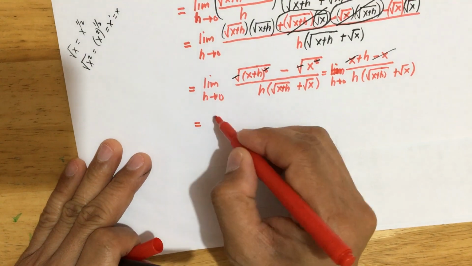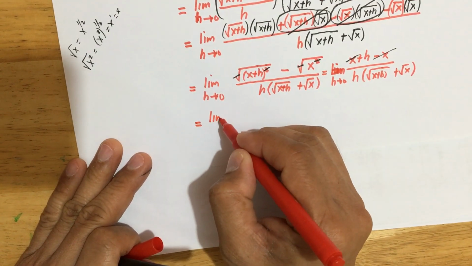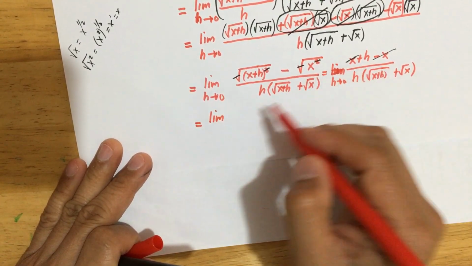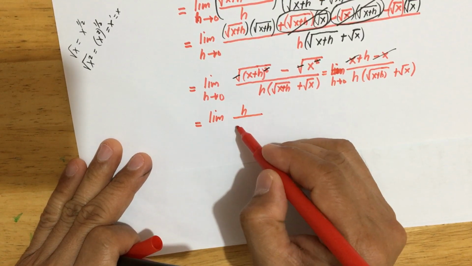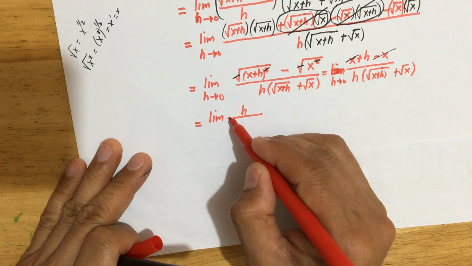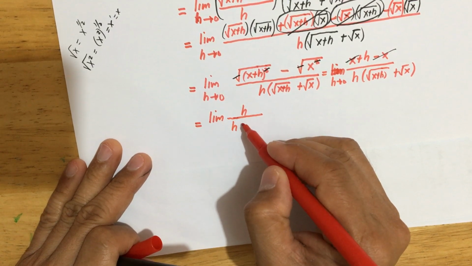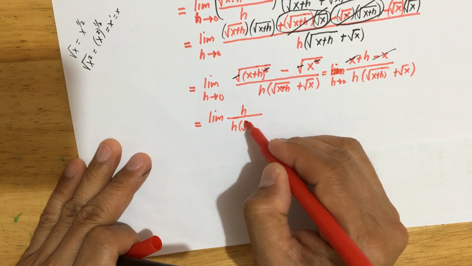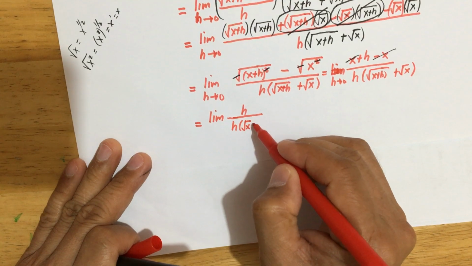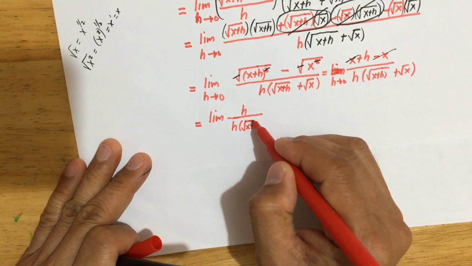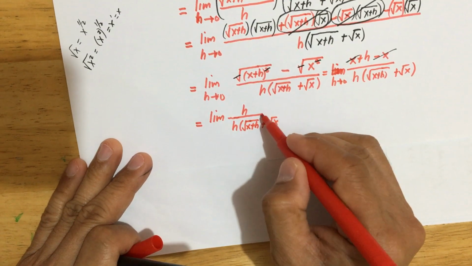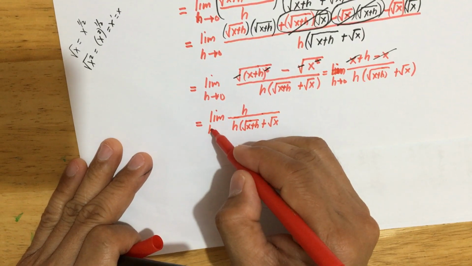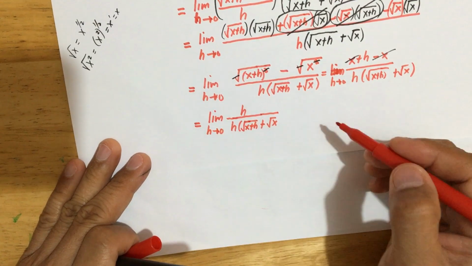Equal to the limit, what is left is h divided by h times the square root of x plus h, then plus the square root of x, as h approaches 0.